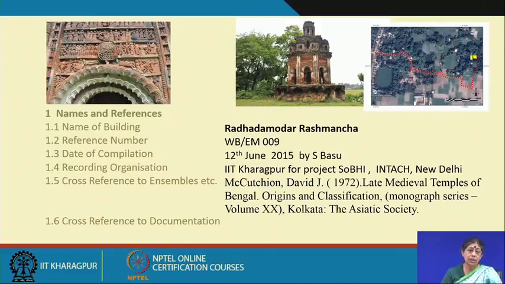David McCutcheon did a very detailed classification of the late medieval temples of Bengal, so we followed that, cross referencing these types of structures: what category, what characteristics, and which particular subcategory it belongs to. There were many other documents; I have just put one as an example.